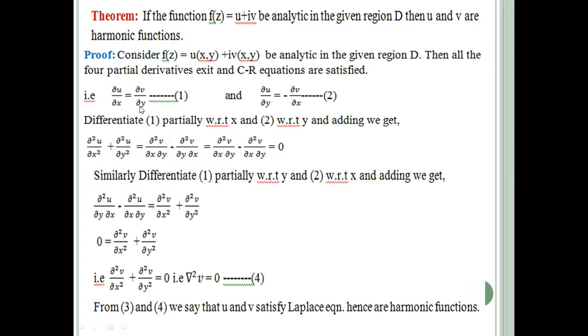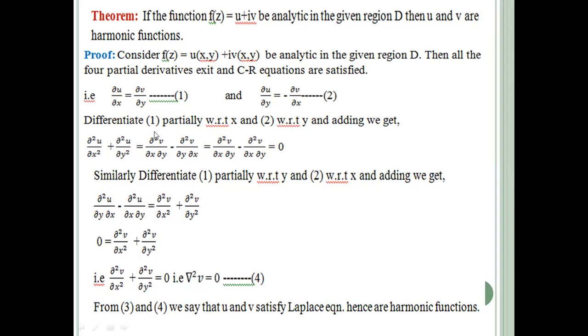Similarly, we do the reverse. You take ∂v/∂y equals ∂u/∂x, and ∂v/∂x equals minus ∂u/∂y, and differentiate this partially with respect to y and this partially with respect to x, and add. You get ∂²v/∂x² plus ∂²v/∂y² equal to 0, that is, del square v is 0.